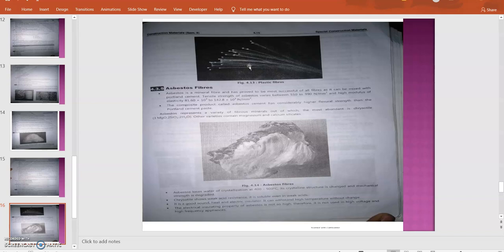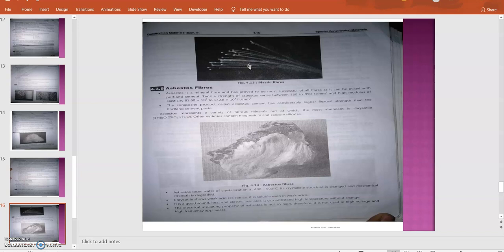Asbestos represents a variety of fibrous materials, out of which the most abundant is chrysotile. The asbestos loses water during crystallization at 400 to 500 degrees Celsius. Its crystalline structure is changed and mechanical strength is degraded.